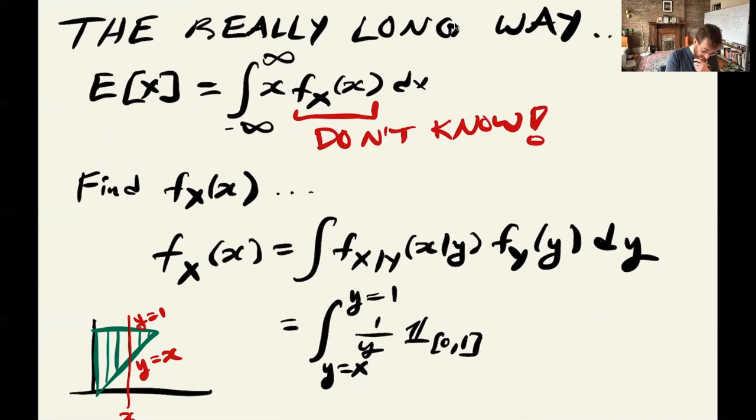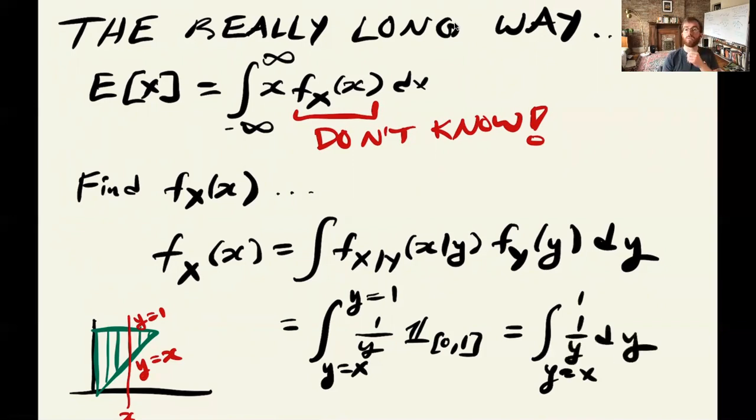Now this allows me to basically say that any point in here is valid, but I really know that I have this extra constraint, which is that y can only be between x and 1. So this actually has no bearing on the integral. So instead I'm now just down to integrating from y equals x to 1 of 1 over y dy.